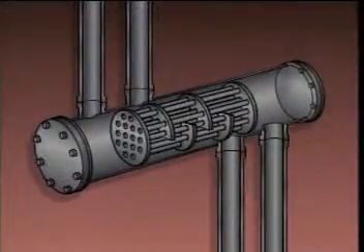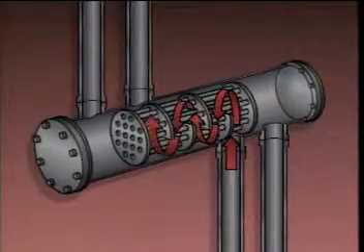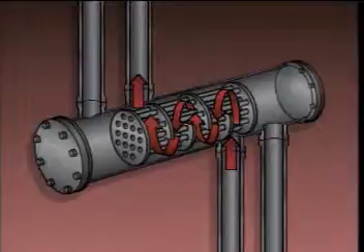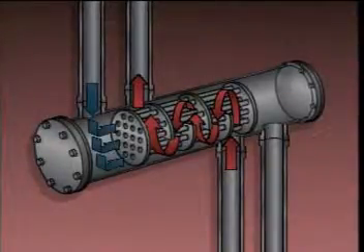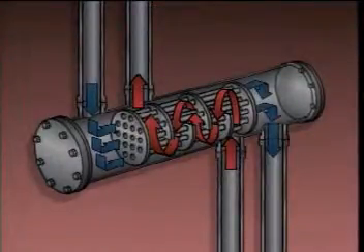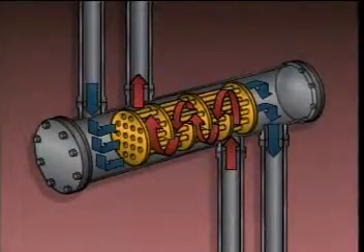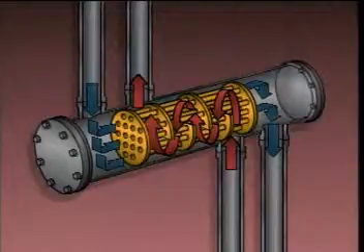The hot process liquid enters the cooler here, flows through what is known as the shell side of the cooler, and exits here. At the same time, the cooling water enters here, flows through the tubes in the cooler, and exits here. As the process liquid makes contact with the cool tube surfaces, heat is transferred from the liquid through the tubes to the cooling water.